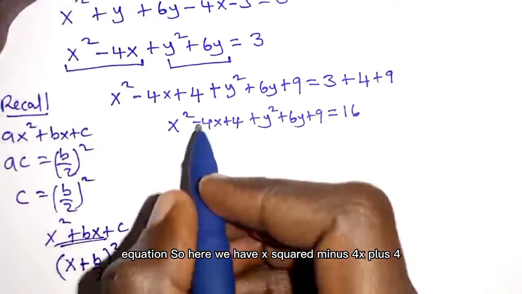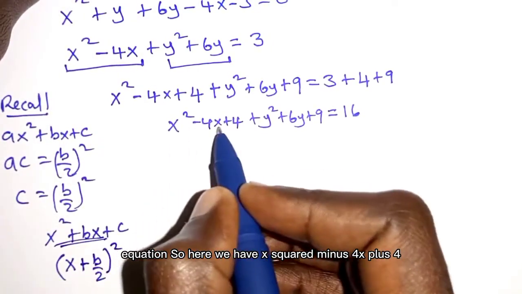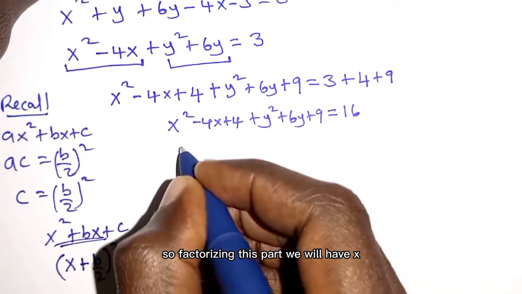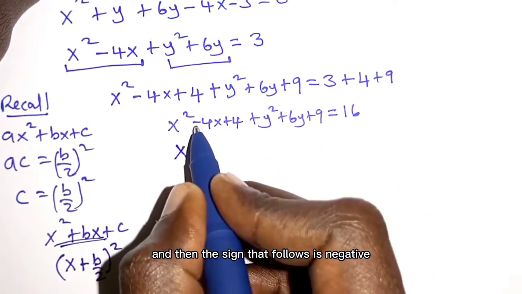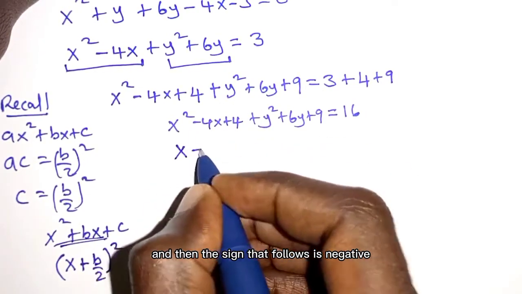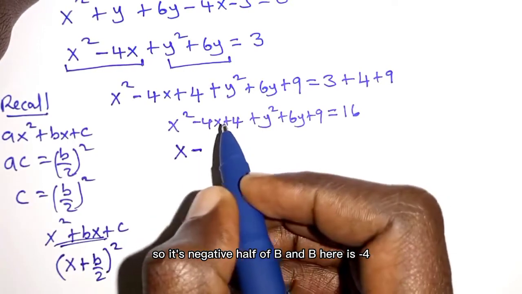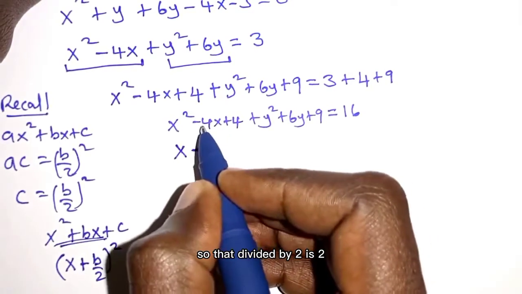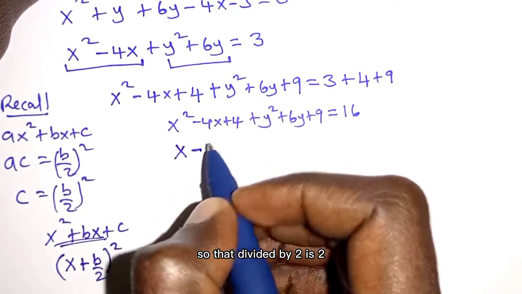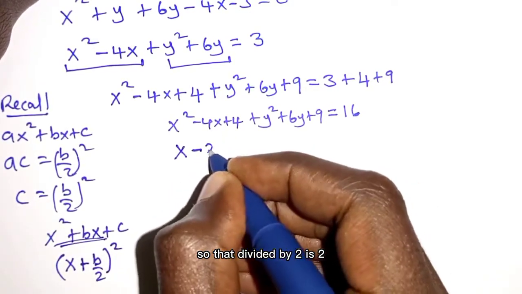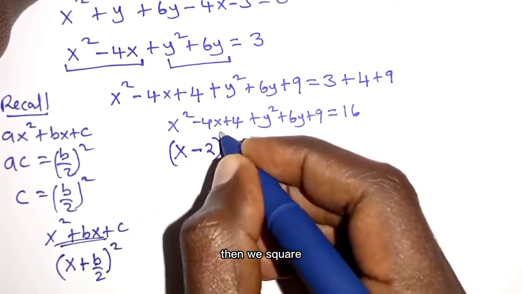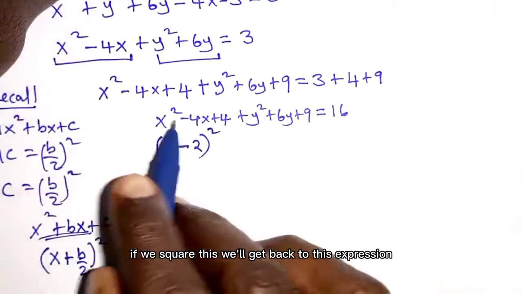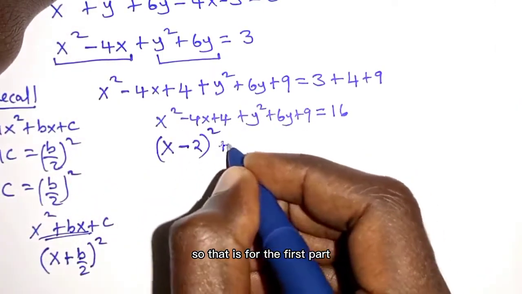So here we have x squared minus 4x plus 4. Factorizing this part, we will have x, and then the sign that follows is negative, so it's negative a half of b, and b here is negative 4, so that divided by 2 is 2. And then we square. If we square this, we'll get back to this expression. So that is for the first part.